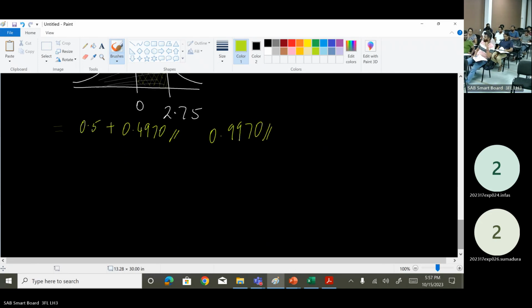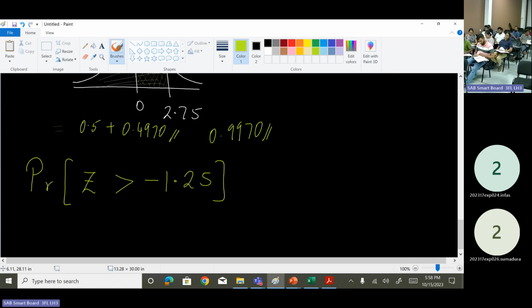Next one, probability is that greater than minus 1.25? Is that greater than minus 1.25?